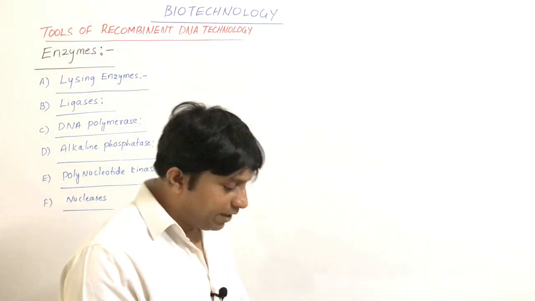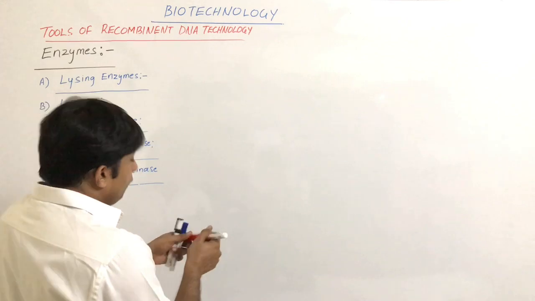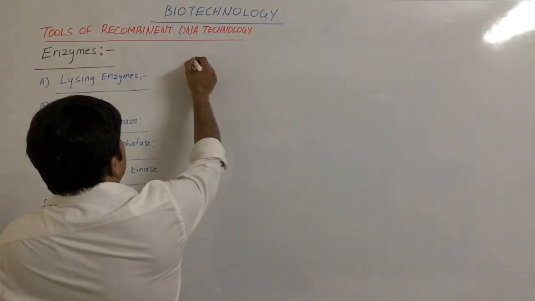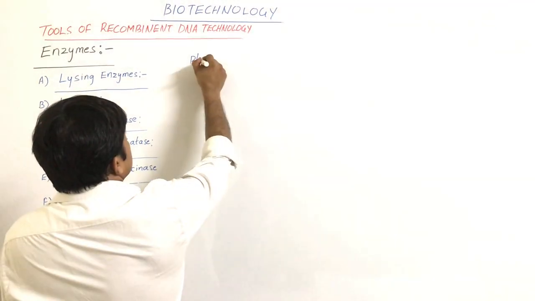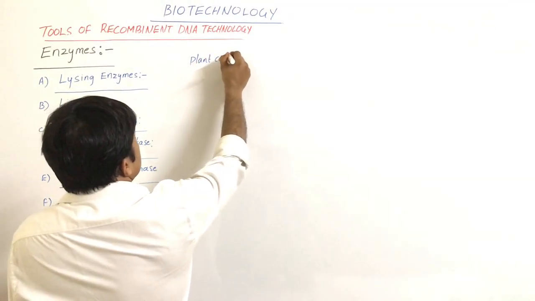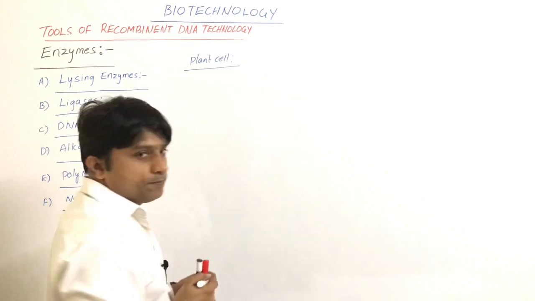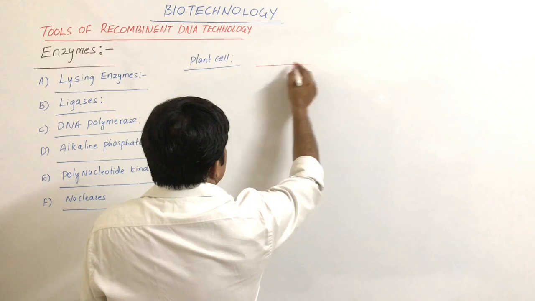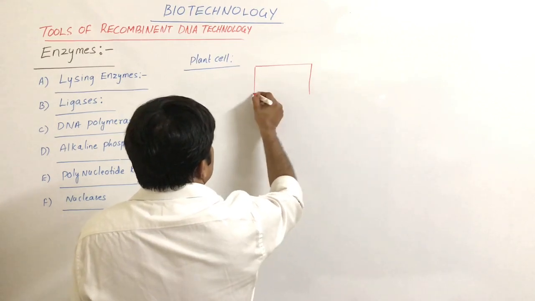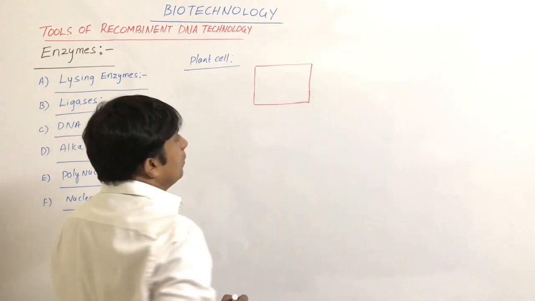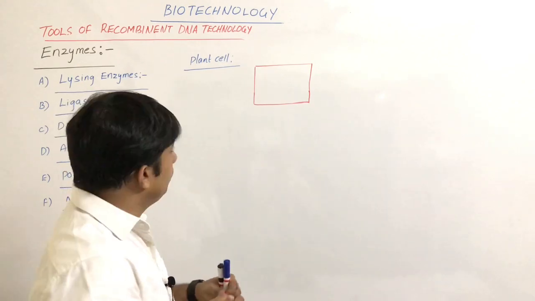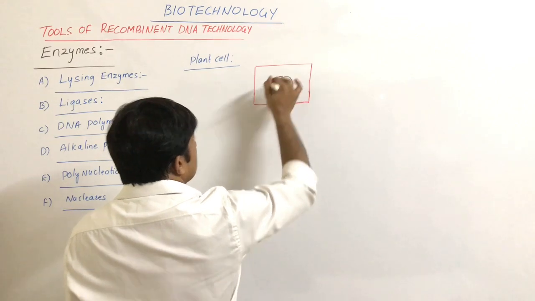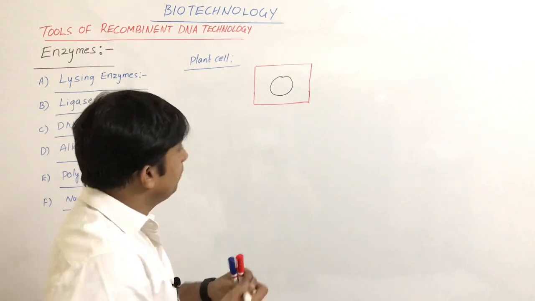different cells. For example, if I wanted to extract DNA from a plant cell, so this is the plant cell, which is made with a cell wall. Inside this is the nucleus with the nuclear membrane.